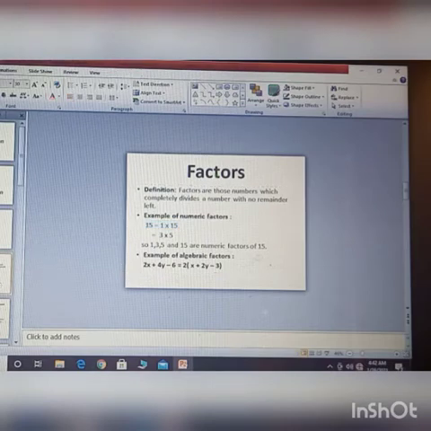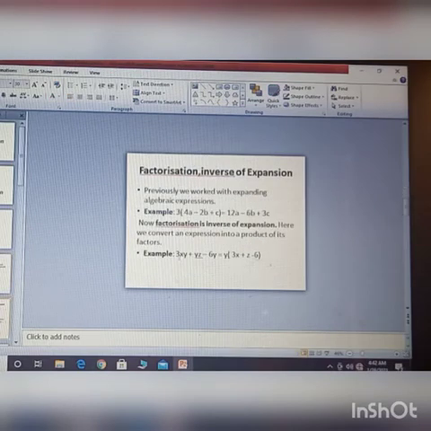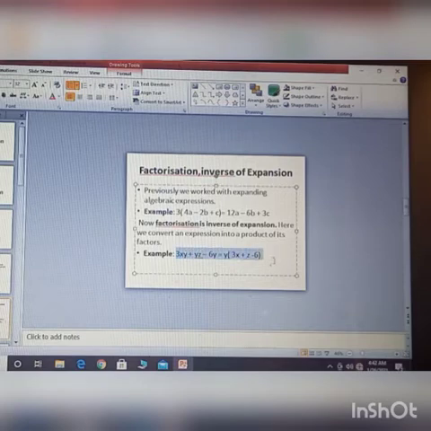So here, while doing algebraic factorization, you can see this algebraic expression given: 3xy plus yz minus 6y. Whenever we are asked to do the factorization, as I told you, you will look for anything common in the whole expression.